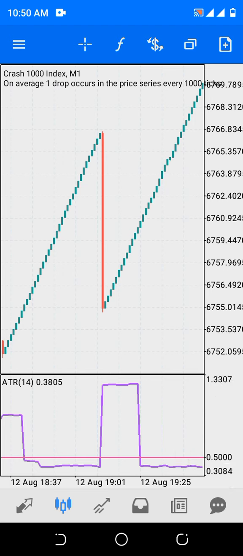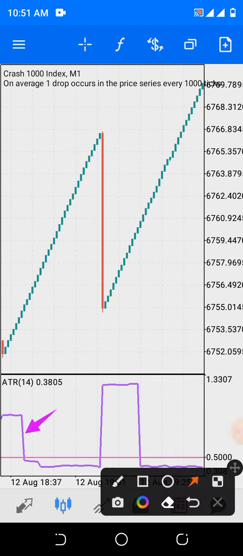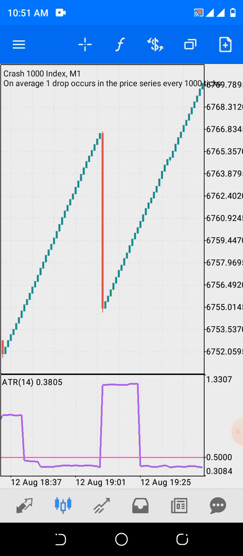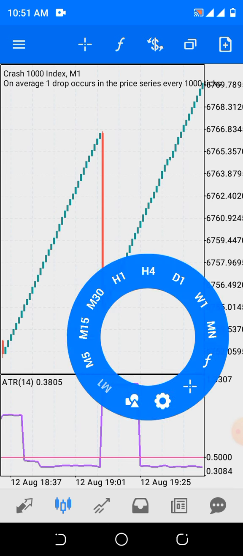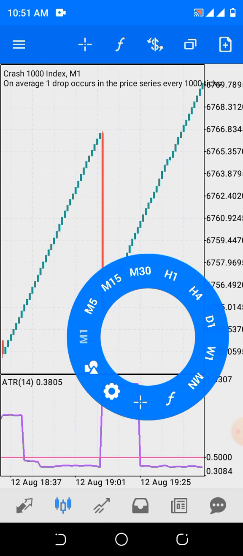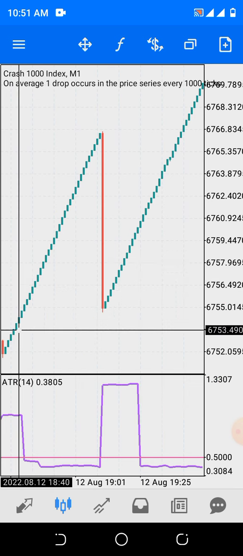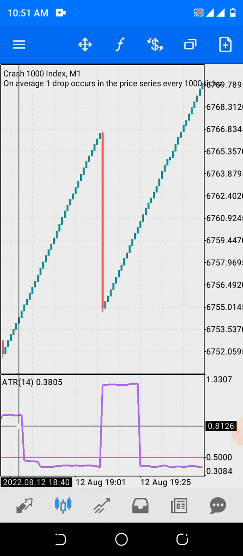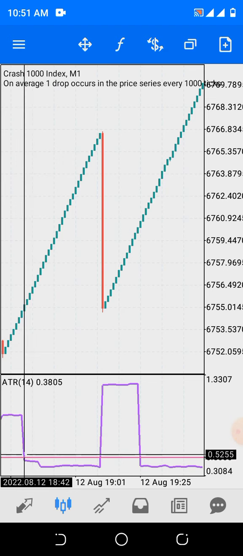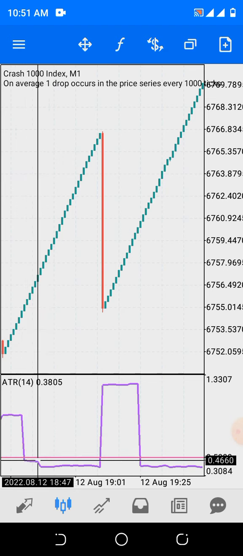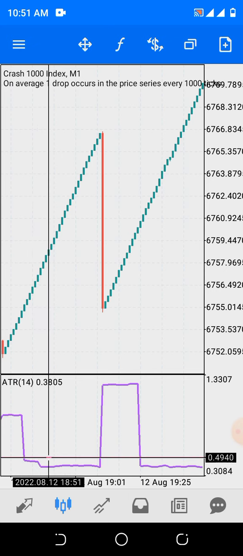When you see this purple line cross this pink line, the pink horizontal line, that is the signal. Understand?